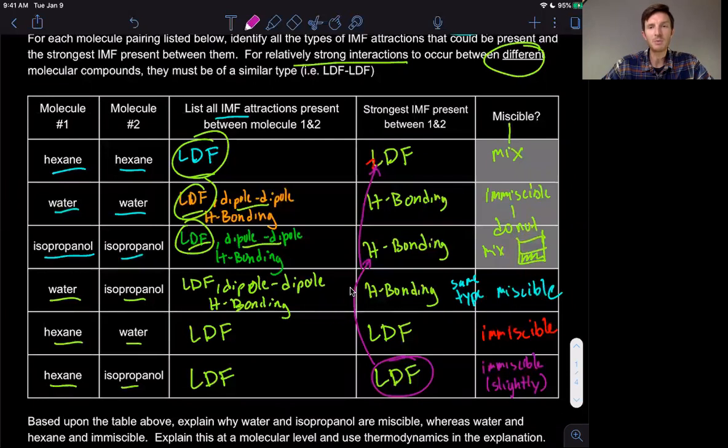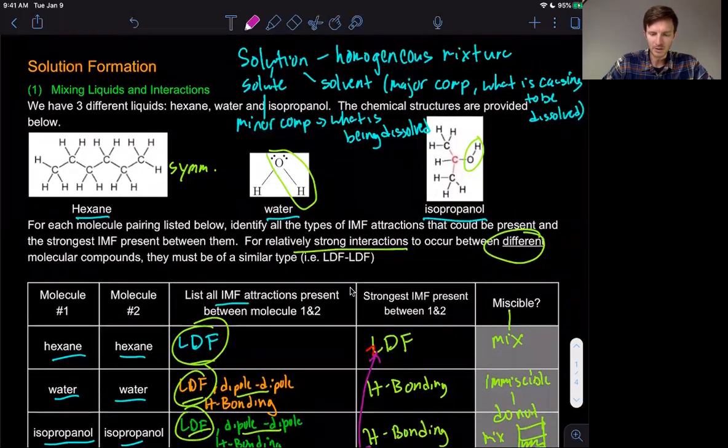Now, if we go back up to where I put under there this idea of being slightly miscible, that's because our isopropanol also has a portion of our molecule that looks very similar to our hexane molecule. We really only have this polar section where we have hydrogen bonding, but we also have this non-polar section where we have just carbons and hydrogens like our hexane molecule.